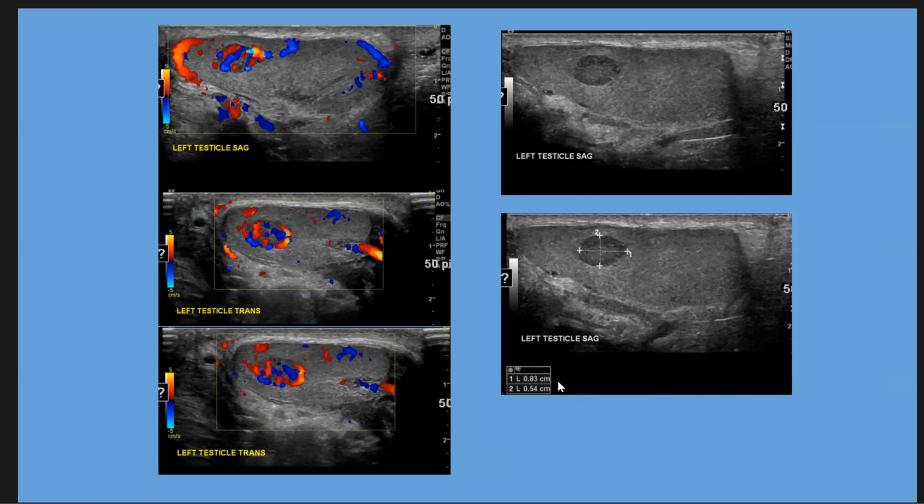The patient has trauma, and the differential diagnosis of the mass can include AVM, intratesticular varicocele, or tumor. And the patient has a previous removal of the right testis.